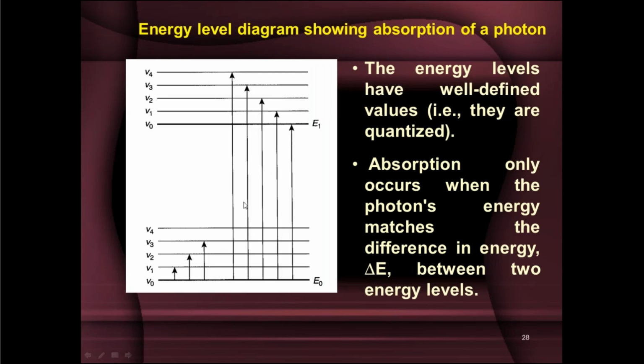A photon having a higher energy, like V4 of E1 minus V0 of E0, a much greater energy, will also get absorbed. So from this you can make out a particular analyte will not absorb only one energy photon. It can absorb photons of slightly different energies.